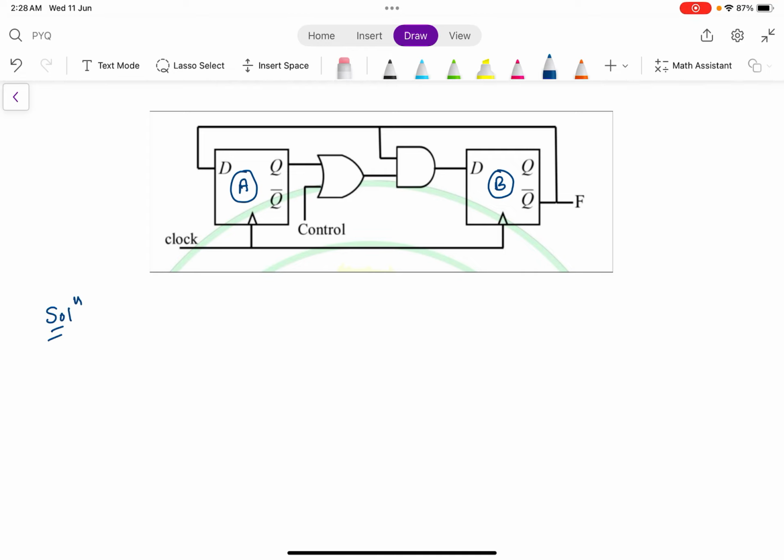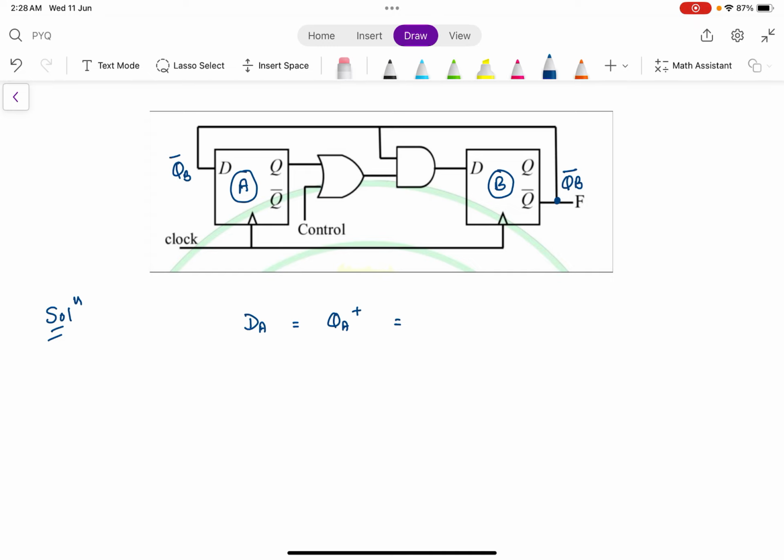If you carefully see, the expression for TA, which is nothing but QA plus, is the signal coming from this side, which is nothing but QB bar, which we write here as QB bar.